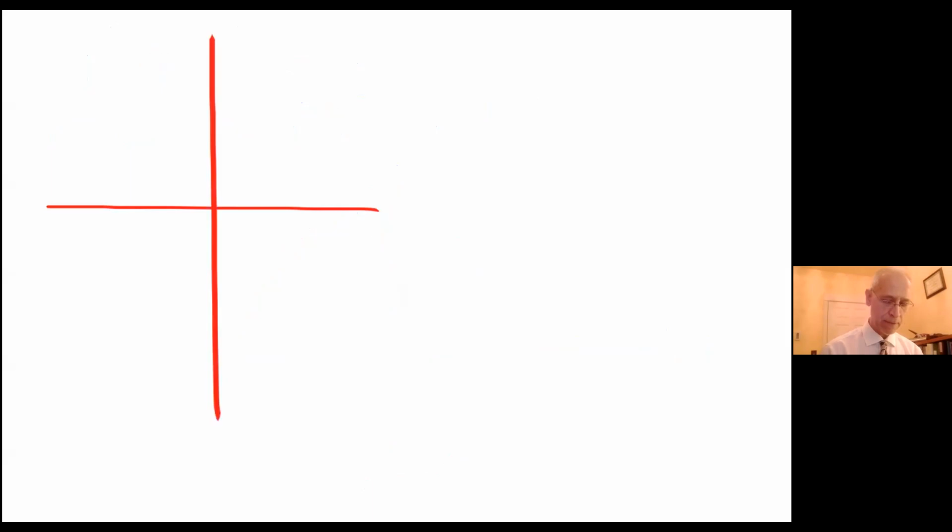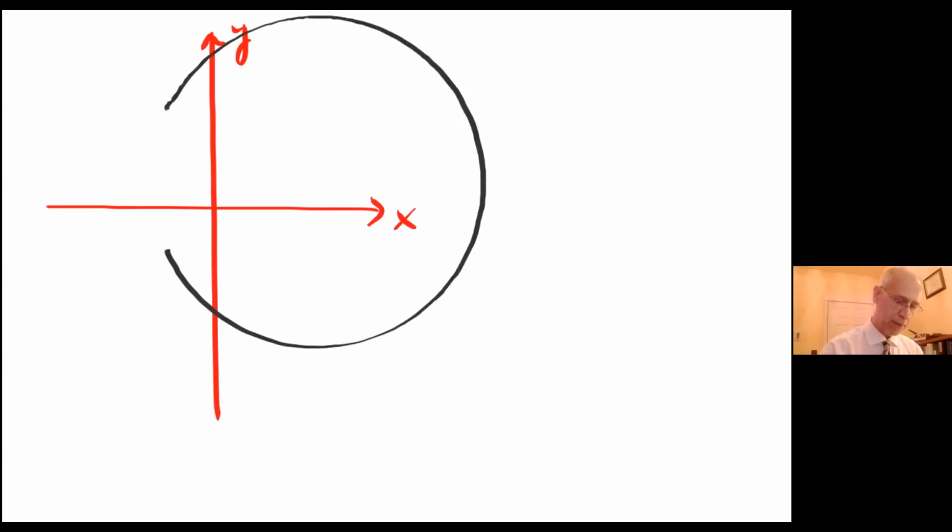So suppose this is my x axis and this is my y axis, and suppose I have a circle whose graph is somewhere other than at the origin.